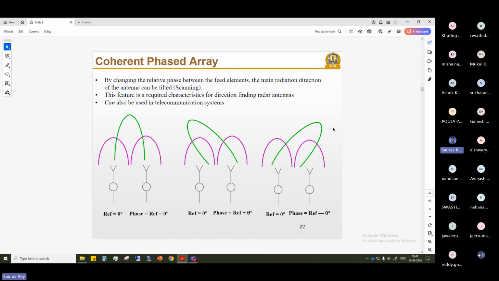So it is not coherent by your definition. Then the elements are exactly identical, both the elements. You are saying if we just have two same antennas, it will become coherent. No, the antenna patterns for each element are identical, maybe because of that. No, no.